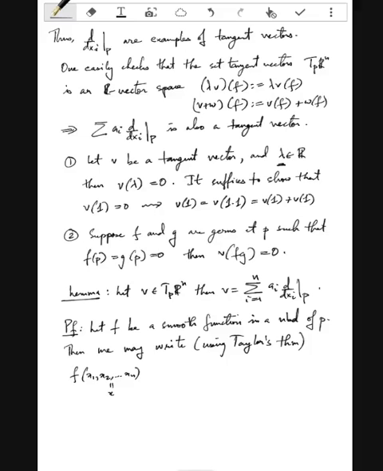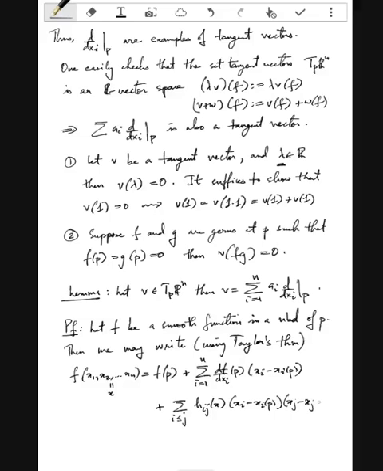So this is my x, is equal to f of p plus summation i equal to 1 to n df by dxi at p into xi minus xi of p plus summation i less than or equal to j hij of x into xi minus xi of p times xj minus xj of p.